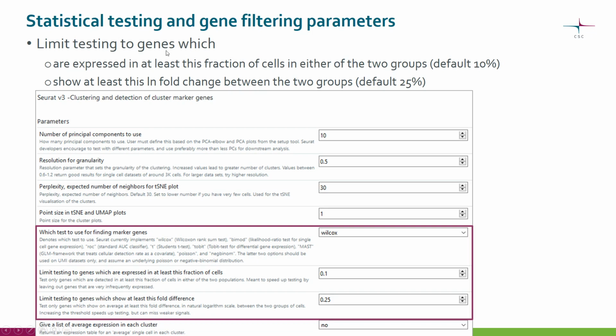So you can limit testing to those genes which are expressed in at least 10% of the cells in the cluster, all the other cells. Or you can limit the testing to genes which show at least this big fold change between the two groups. And note that the fold change is now in the natural logarithm scale, not in the log2 scale as it usually is in other tools.